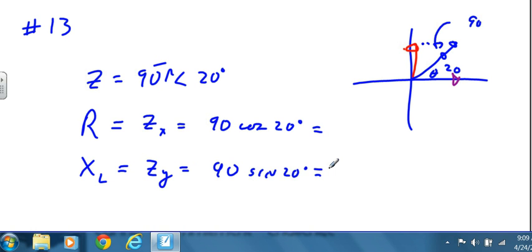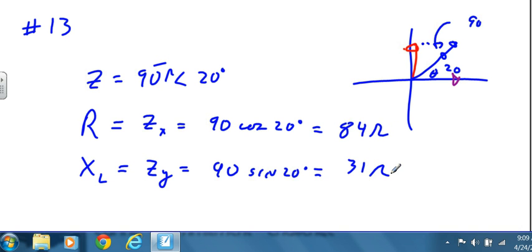I put that in my calculator, 90 times cosine 20, hoping I'm in degrees: 84 ohms, with two significant digits. And 90 times sine 20, I'll call it 31 ohms.